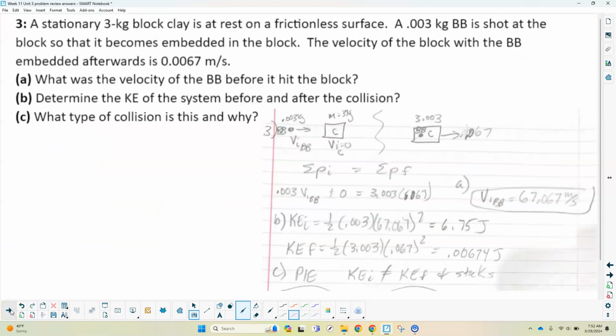All right. The next one, number 3, talks about a stationary clay block, which I labeled as C. It has a mass of 3 kilograms, and it's at rest.